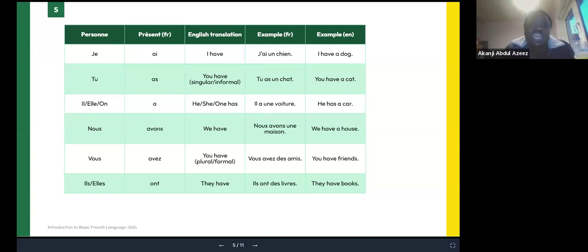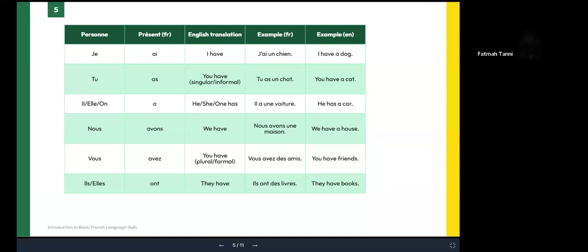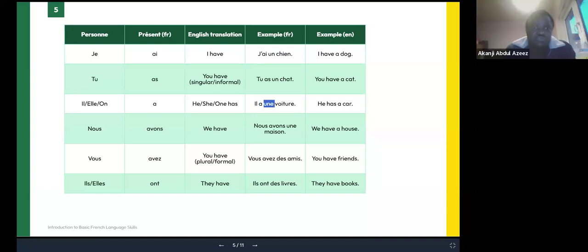Now, I want to say something. We say une, we did not say un. Une voiture. You see that we use une. We did not say un voiture. Do you understand now? In French, some nouns are feminine, some are masculine, which is that some nouns are female, some are male, like chien.